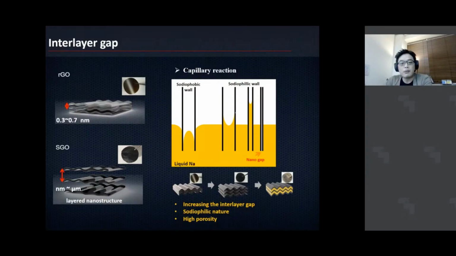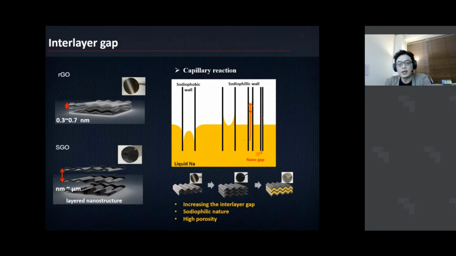Okay, so if we have a proper gap in a liquid, you can soak up the liquid to some height. That's the capillary effect. But if the gap is very small, you cannot. That's because of the surface energy, right?